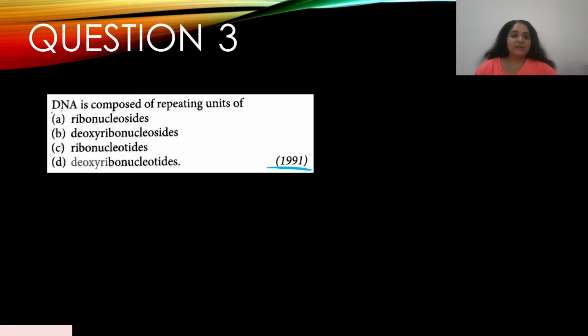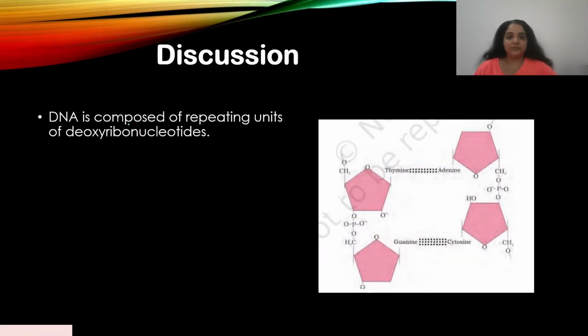Now, when we're talking about DNA, it's a deoxynucleic acid, right? It consists of repeating units of what? It will be D, deoxyribonucleotides. It will be nucleotides. So the answer here is D. It's composed of repeating units of deoxyribonucleotides.